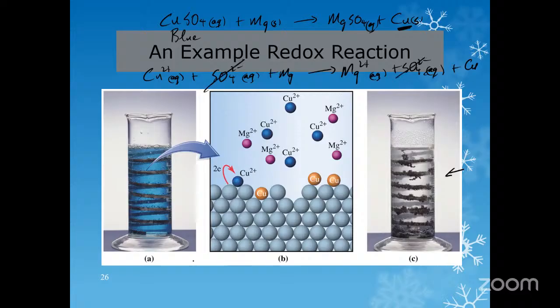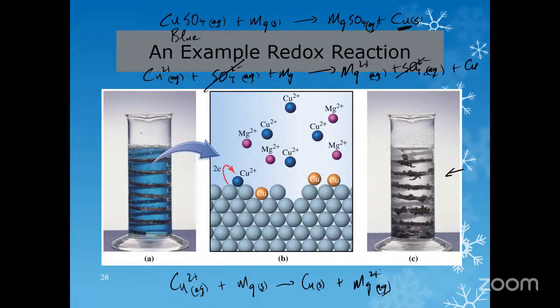So therefore, the net ionic equation, I'm going to write it down here, is Cu2 plus aqueous plus Mg solid to give Cu solid plus Mg2 plus aqueous. So this, folks, would be the net ionic equation, right?